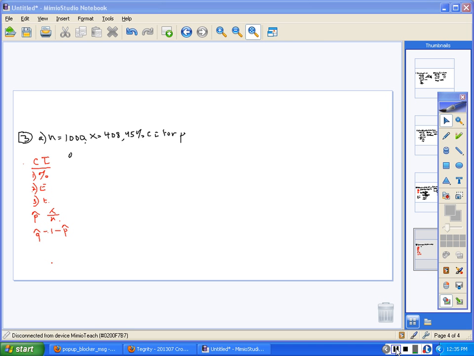Here's step 1. I don't want to take a whole other page for this, but I just might do that. Sorry about that. This equipment is very touchy, and it goes out on me quite a bit. So p hat, going back to that, is x over n. And that's not showing up either. Okay, we're going to try this one more time.